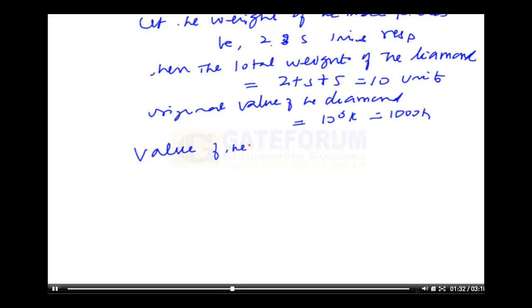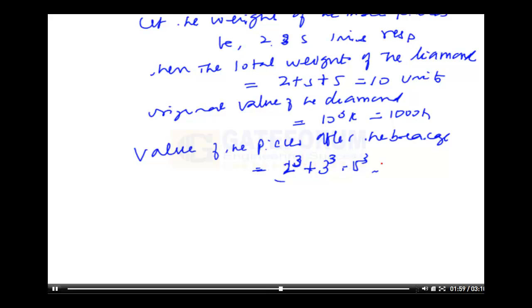Value of the pieces after the breakage is equal to 2 cube plus 3 cube plus 5 cube, k times, which is equal to 160k.